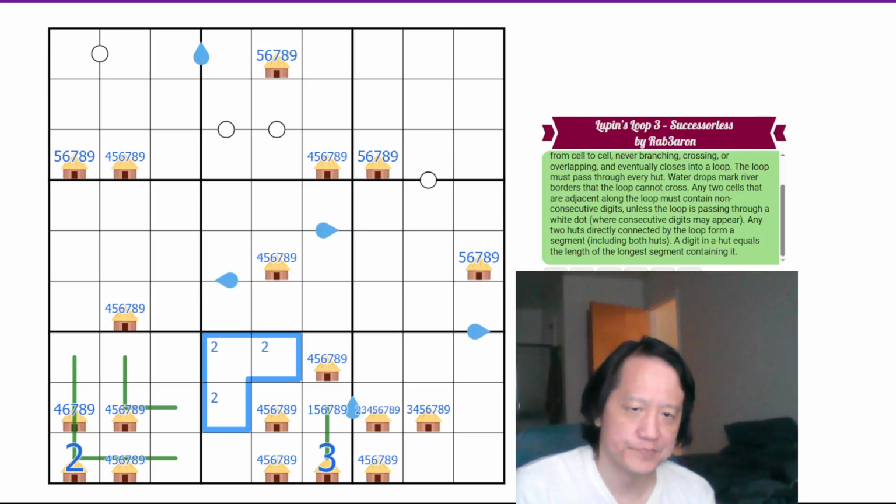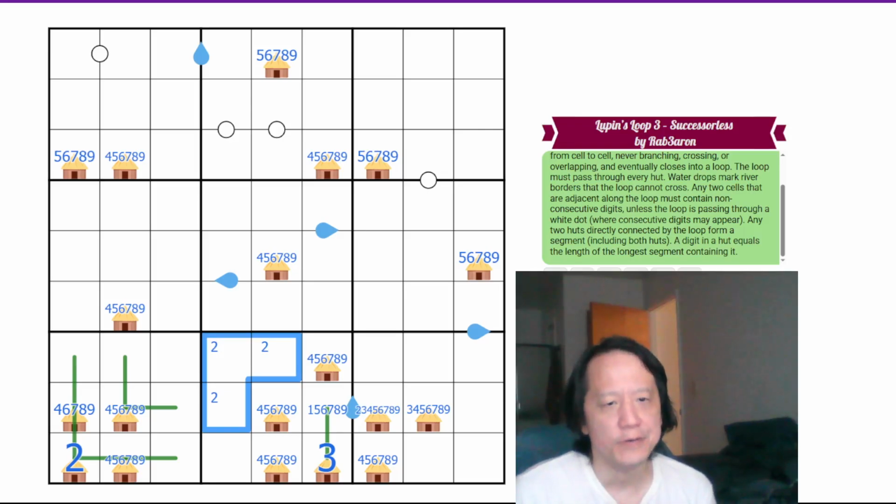This is interesting because I don't know. I don't have a good intuition on what the longest segments can be.